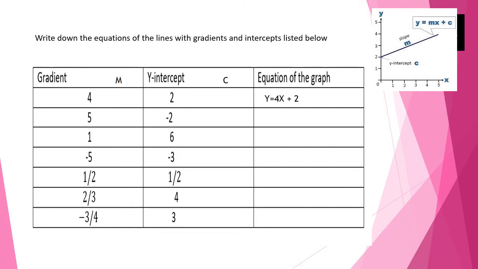Look at the first one. That is y equals 4x plus 2. How do I write this? I know this is the form of a graph: y equals mx plus c. I won't change y. So I have y equals, instead of m, instead of the gradient, I will write 4.